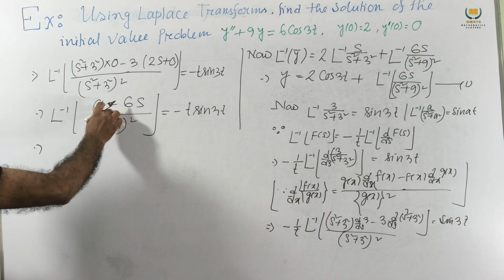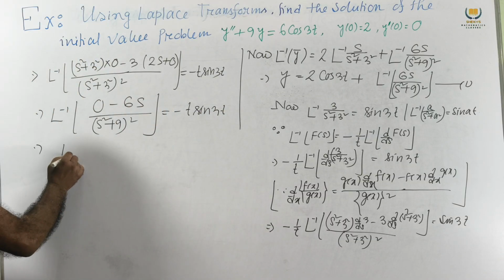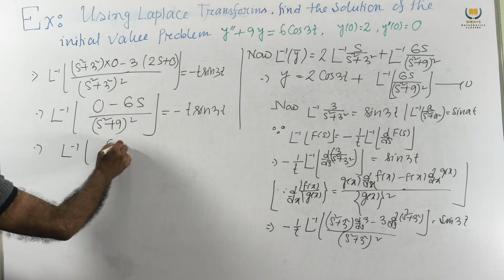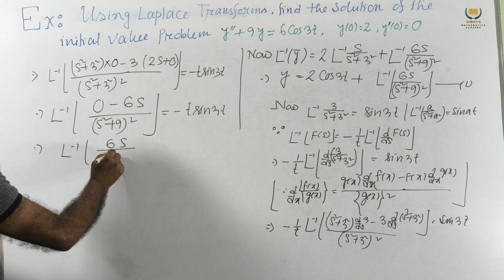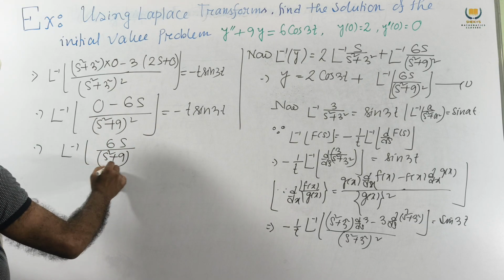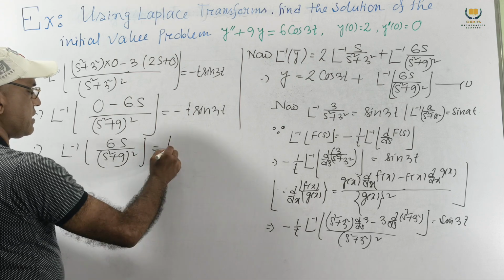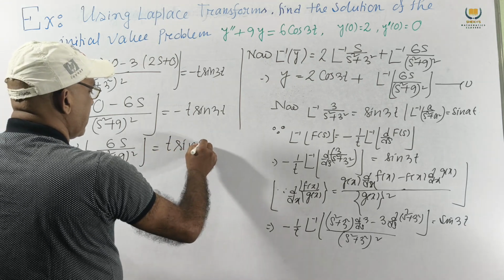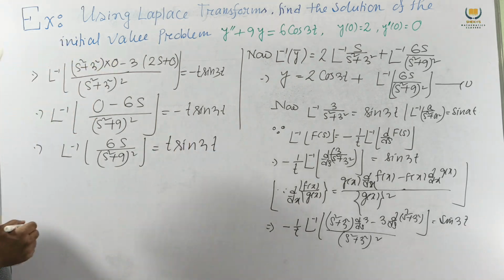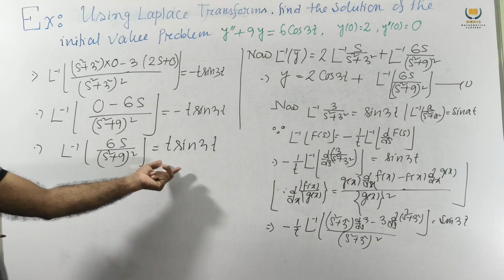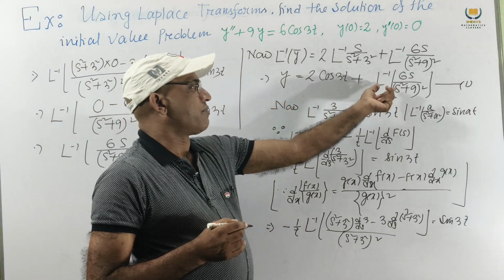Minus minus cancel, so L inverse of 6s by s square plus 9 whole square equals t sine 3t. This value we put here in equation number 1.